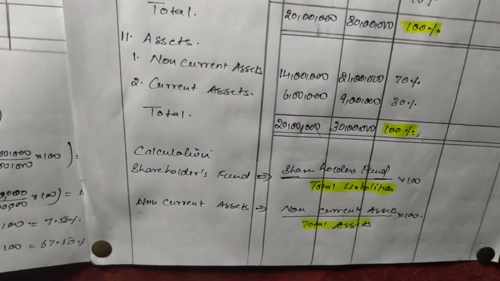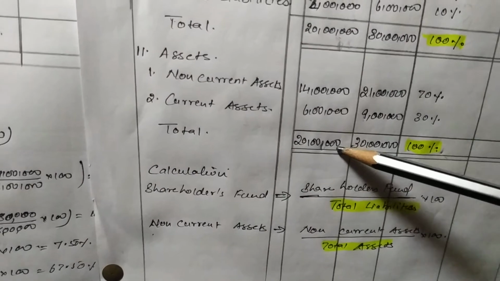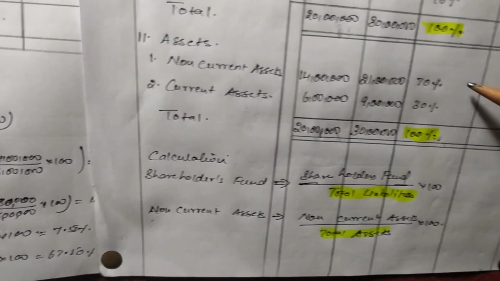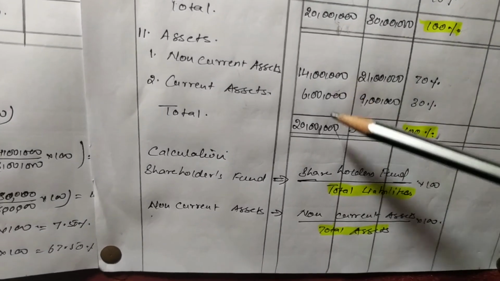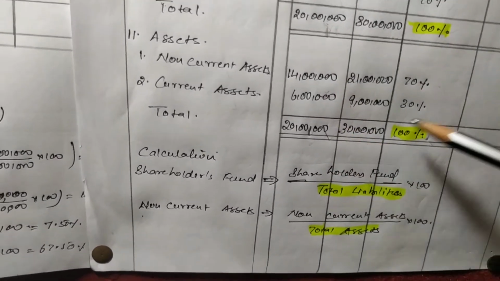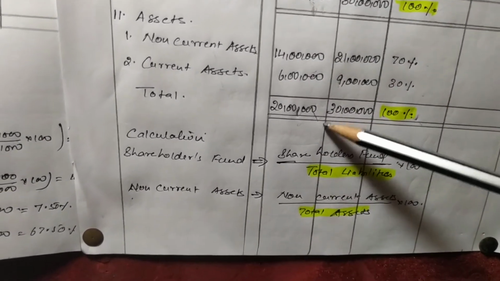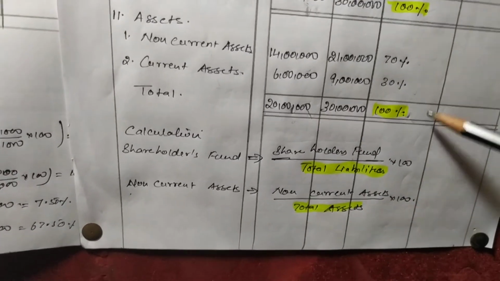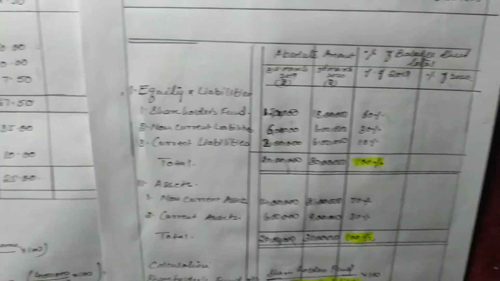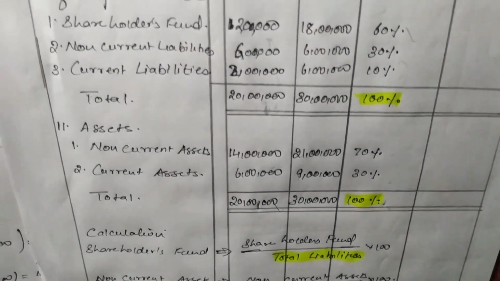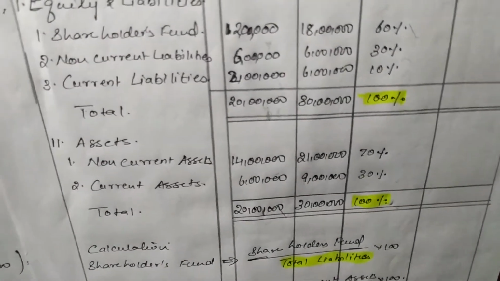Here, 14 lakh upon 20 lakh into 100, we got 70%. Then for current assets, 6 lakh upon 20 lakh into 100 is 30%, and 20 lakh upon 20 lakh into 100 is 100%. If you do the total, 70 plus 30 is 100. Total percentage should always be 100.